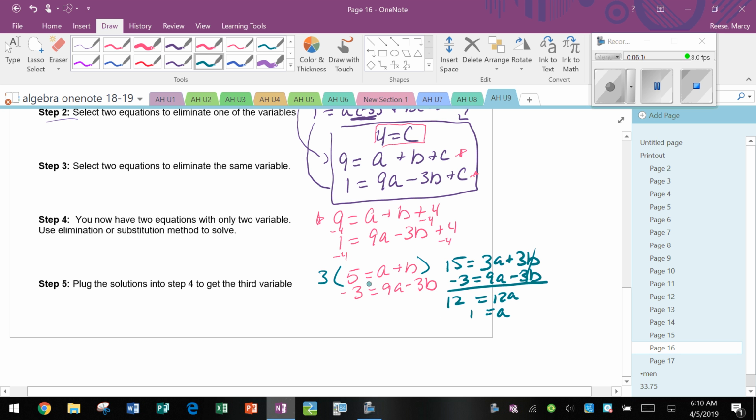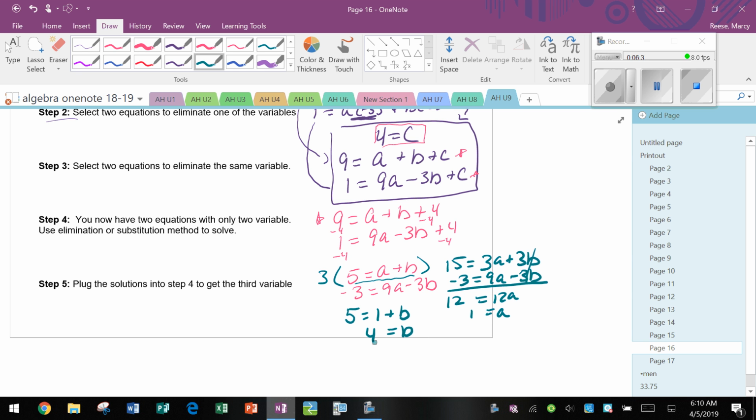And I would probably pick that 5 equals A plus B. 1 plus B, and B is equal to 4. Okay, so now let me say it again, A is 1, B is 4, C is 4.